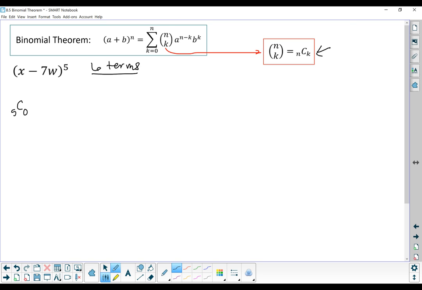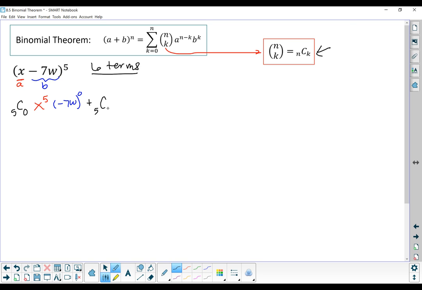Starting with 5C0, the leading term is an x, and then our second term is going to be negative 7w. Make sure if it's negative that you use that sign as well. So our first term is going to have a power of 5, and our second term, the second term in the binomial, is going to have a power of 0. Okay, so that's the first term of our expansion.